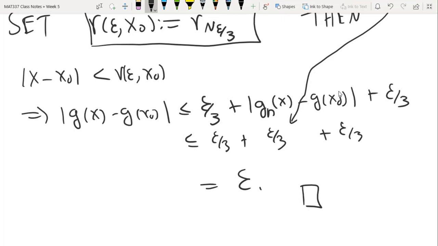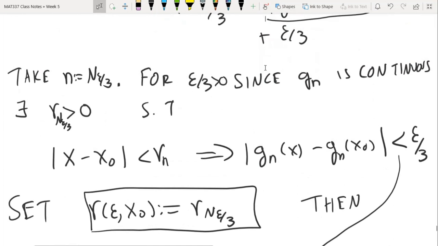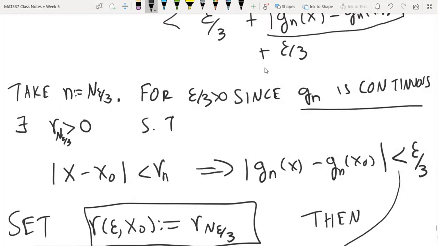How did you get |g_n(x naught) minus g(x naught)| is less than epsilon over 3? Thank you. So g_n is continuous, right?